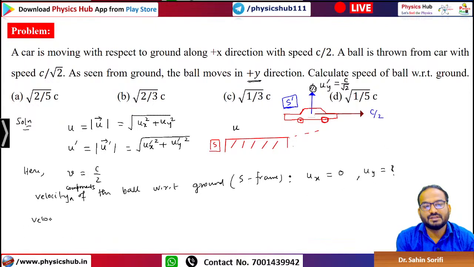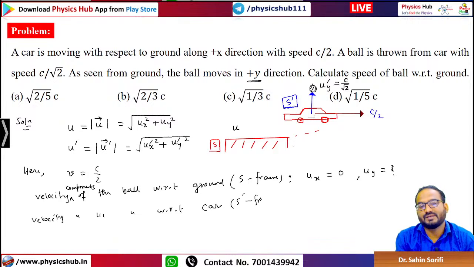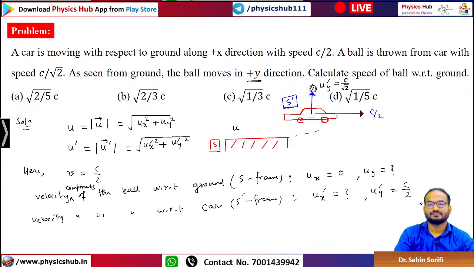Now velocity components of the ball with respect to car. Car is our S prime frame. So tell me here what will be ux prime? Ux prime we do not know. Uy prime is equal to c by 2, right?